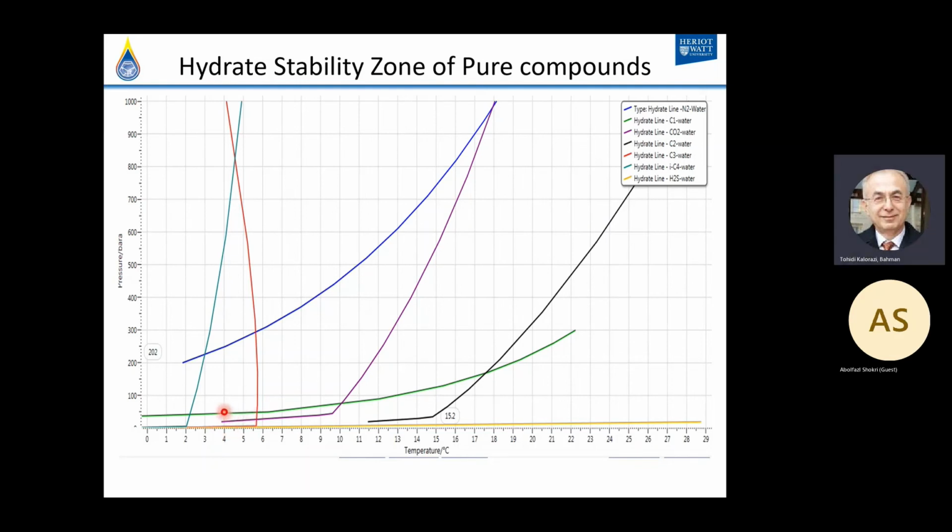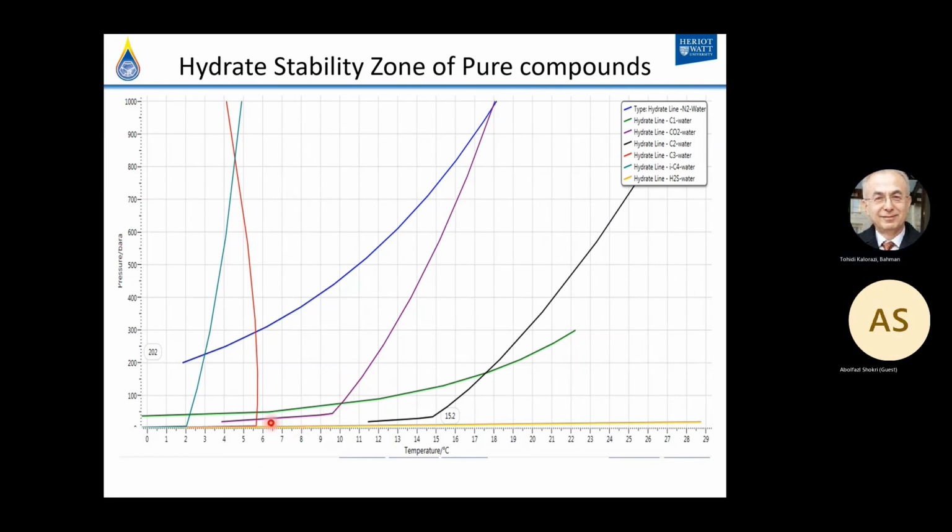This one is C1, and this is nitrogen. So you can see that different components have different curves, for pure compounds.